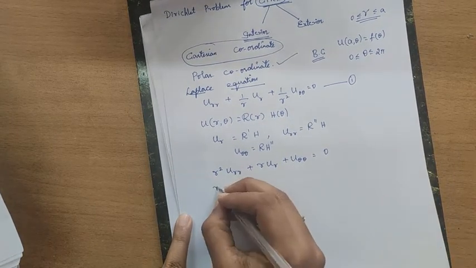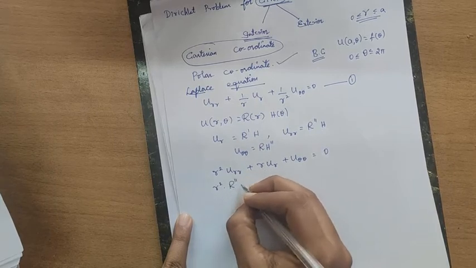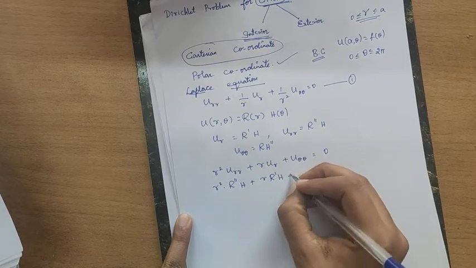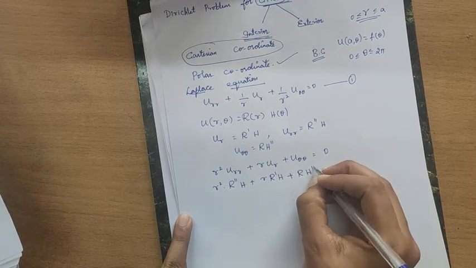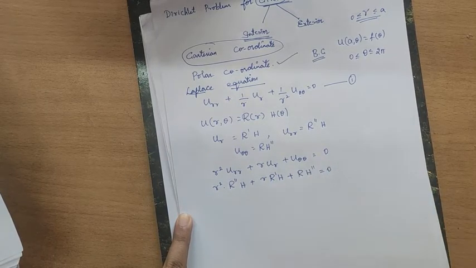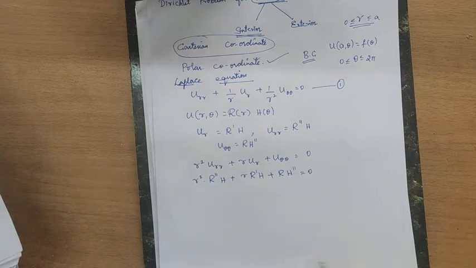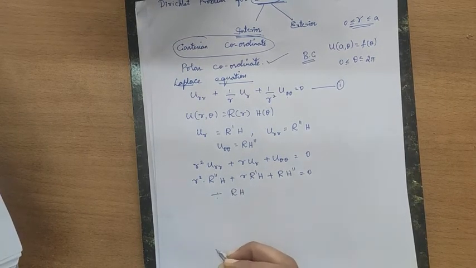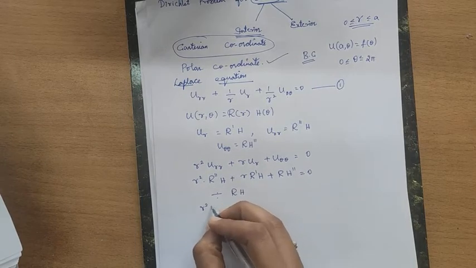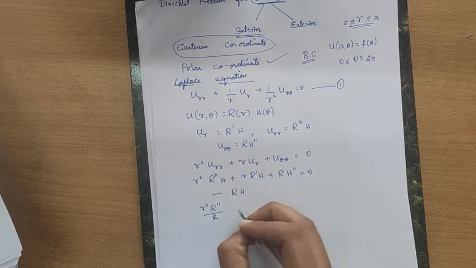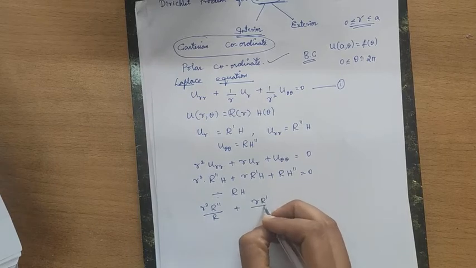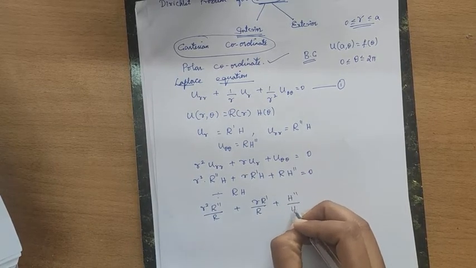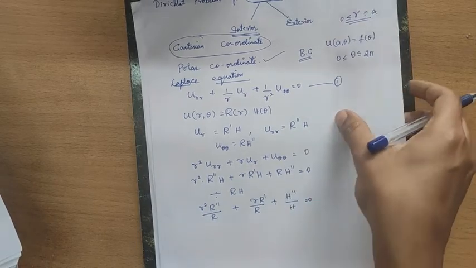So r square into R double dash H plus r into R dash H plus R into H double dash is equal to 0. Now divide whole equation by RH. So you will get r square R double dash by R plus r R dash by R plus H double dash by H is equal to 0.